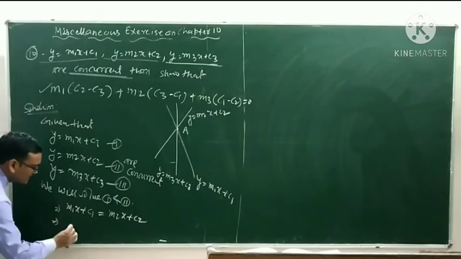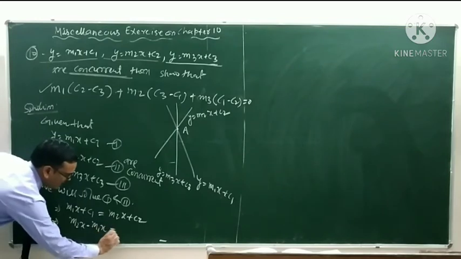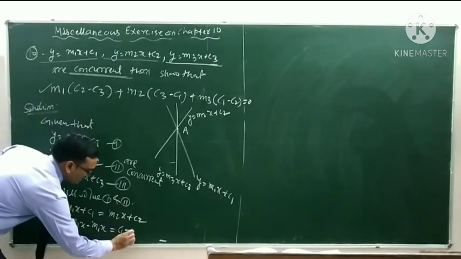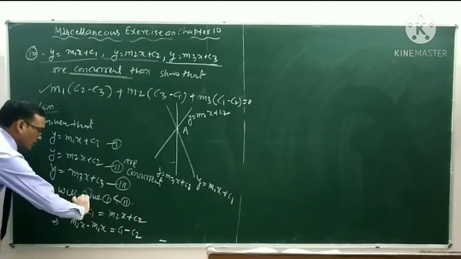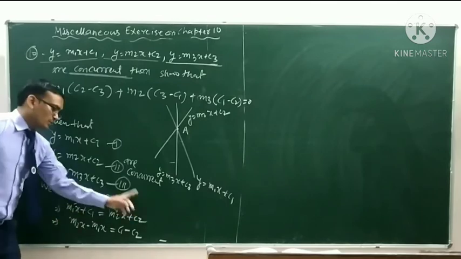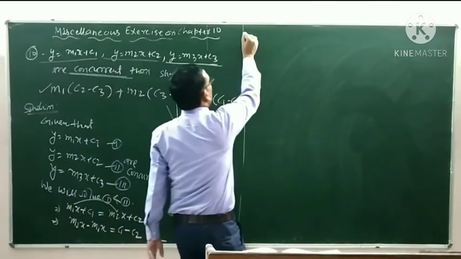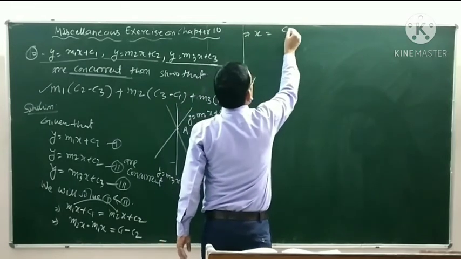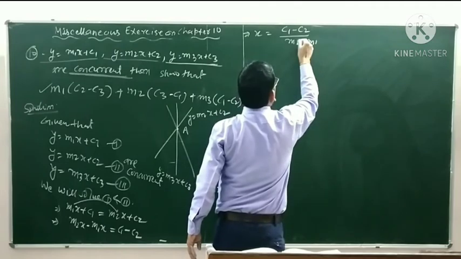This implies that m2x minus m1x is equal to c1 minus c2. m1x is transferred to the right hand side and c2 is transferred to the left hand side. Then we find the value of x equal to c1 minus c2 upon m2 minus m1.